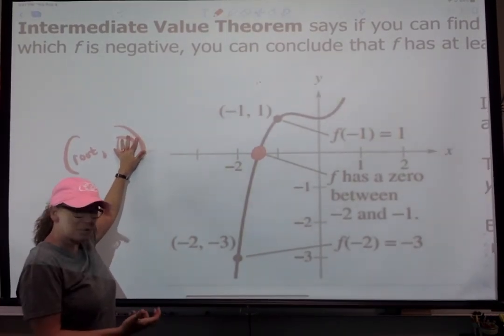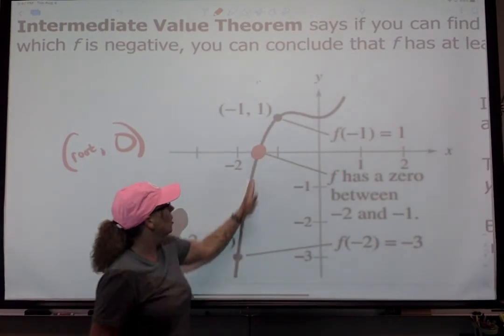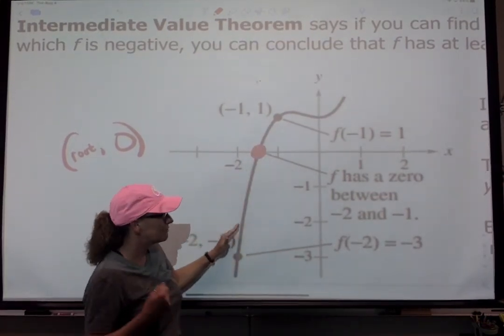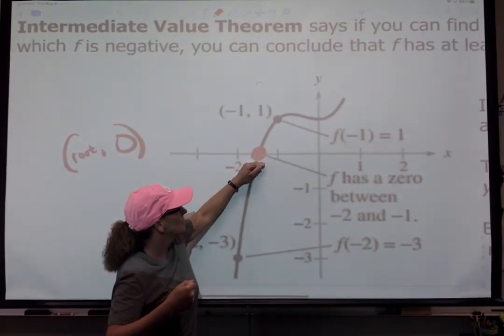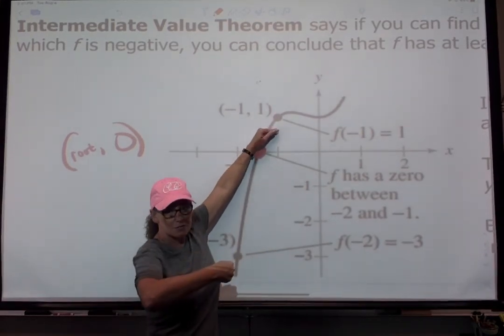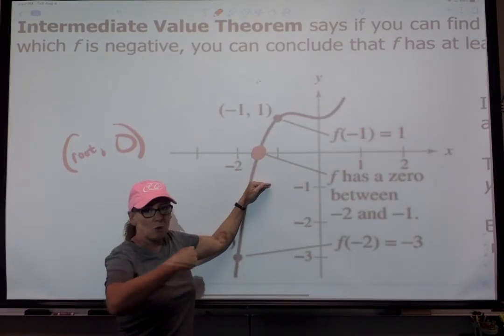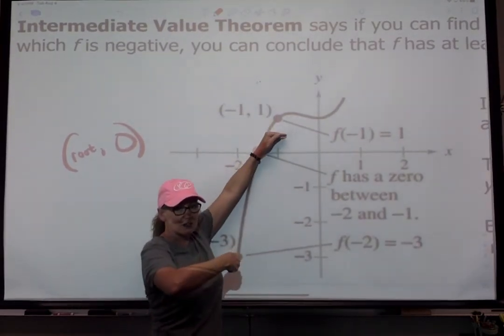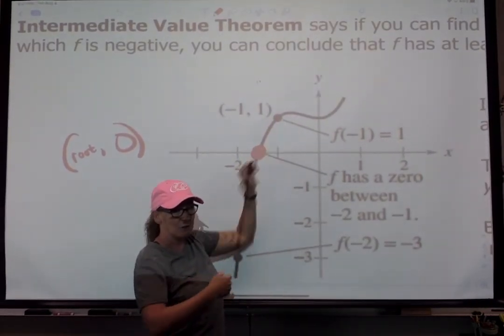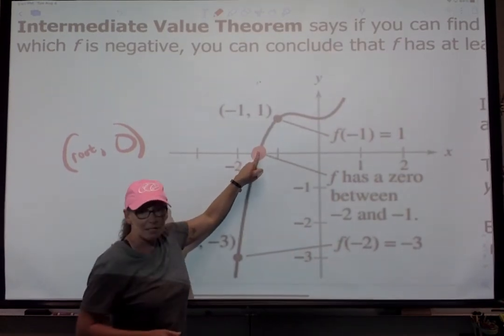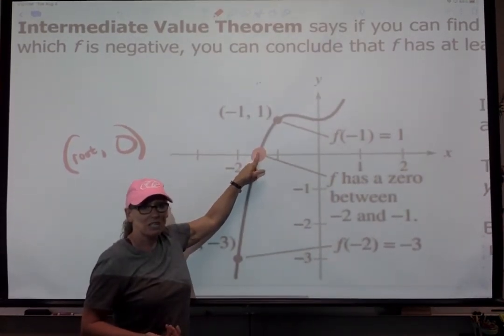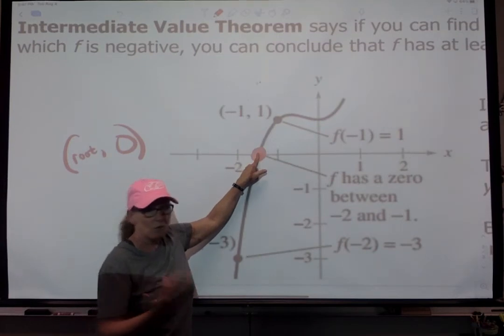How do I know my y had to be 0? Because my y's on the function went from negative numbers to positive numbers. So between when y was negative and when y was positive, y had to be 0. Where did it happen? Well, I don't know, negative 1 point something, right?